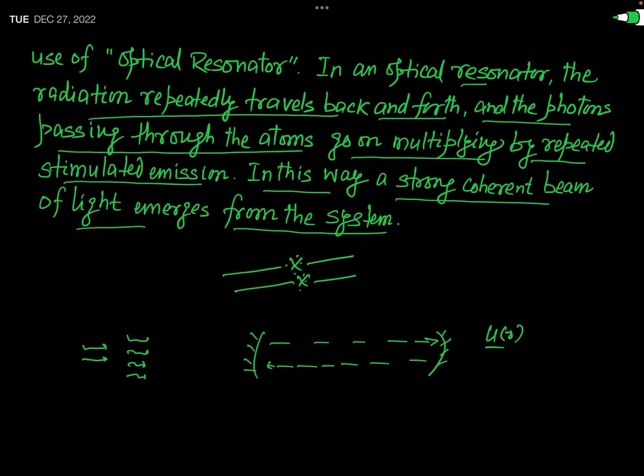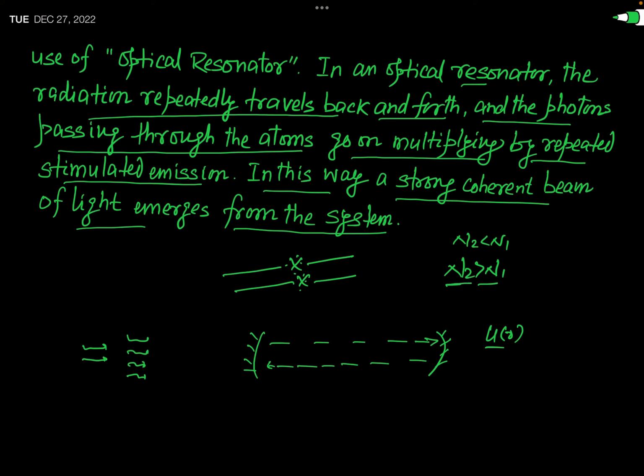So the main point of this lecture was what? If your aim is to obtain a highly amplified beam, then you have to achieve the condition N2 greater than N1. In normal condition, N2 is less than N1, but if by some means we obtain the condition N2 greater than N1, then it is called population inversion, and that population inversion is achieved by the pumping system or pumping process.